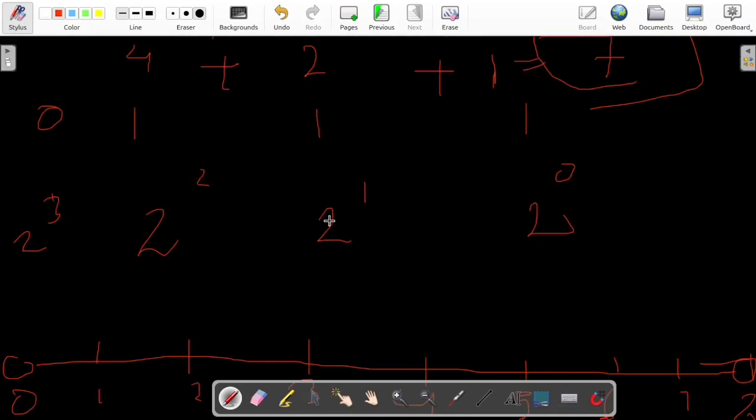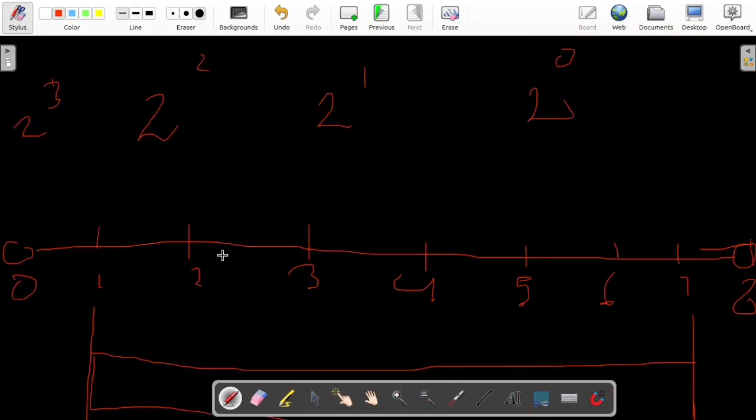How? Tell me one thing, in the sparse table, we have calculated the answers for variable lengths, but all those lengths are also powers of 2. Now let's see how those powers of 2 will help us. I'm standing on index 1.